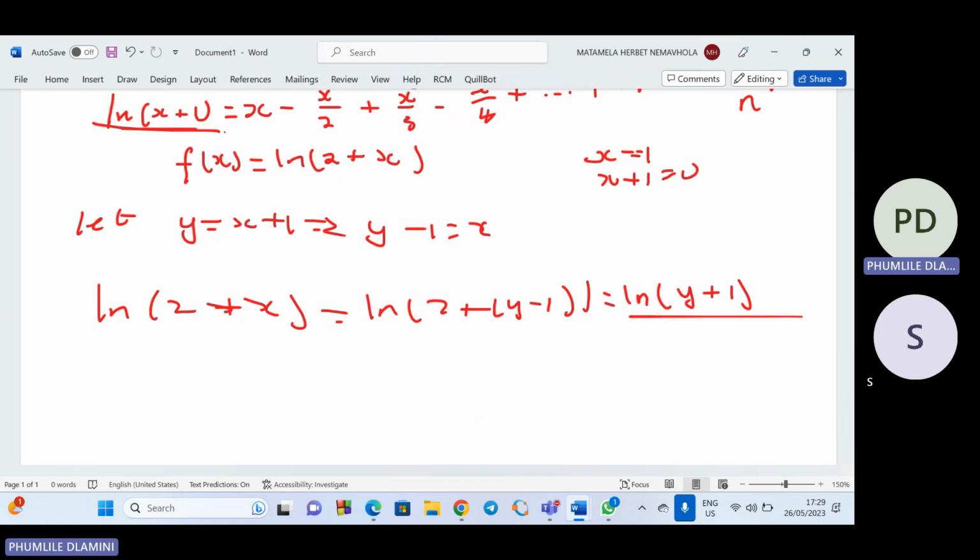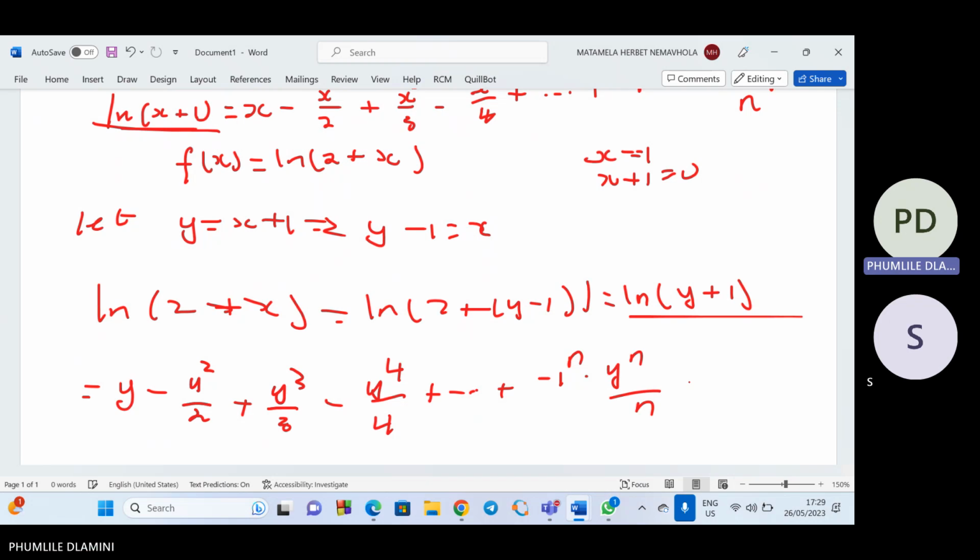Now that it's in the same form, we can write it as y minus y squared over 2 plus y cubed over 3 minus y to the power 4 over 4, plus and so on, which means the general term is -1 to the power n plus 1 times y to the power n over n, and so on.